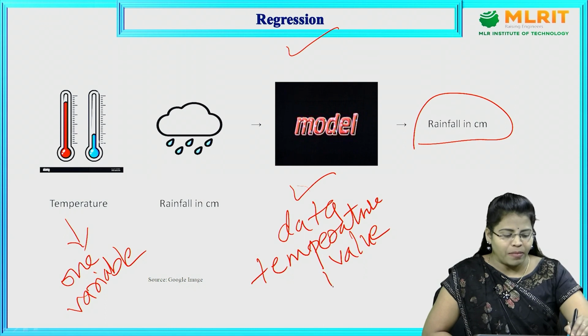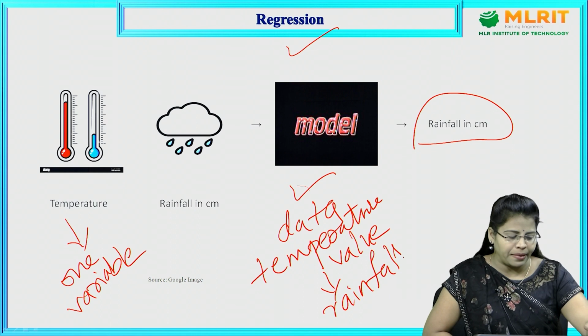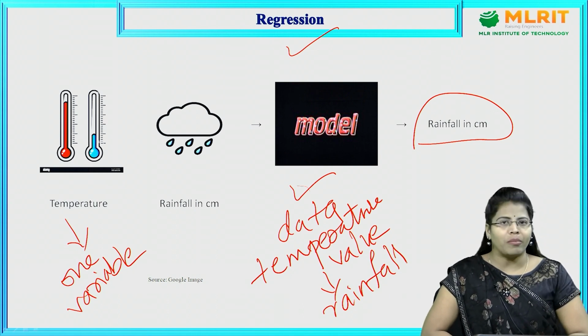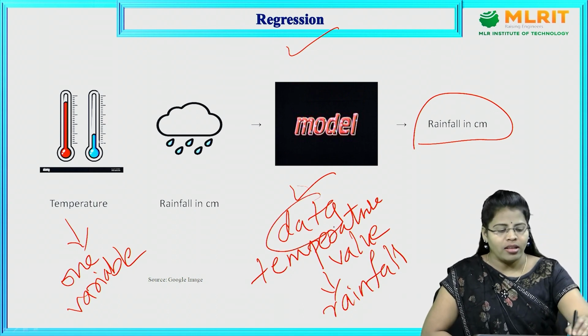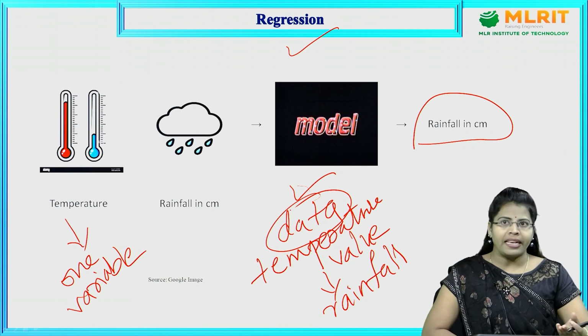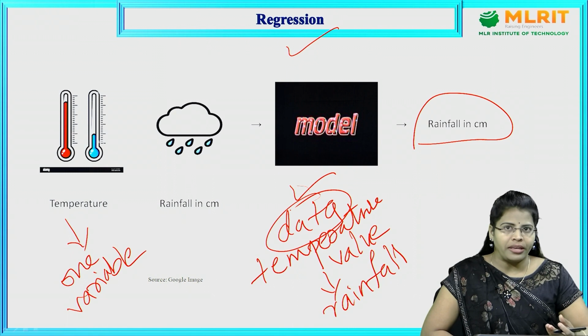For this much temperature, this much amount of rainfall we are going to predict.